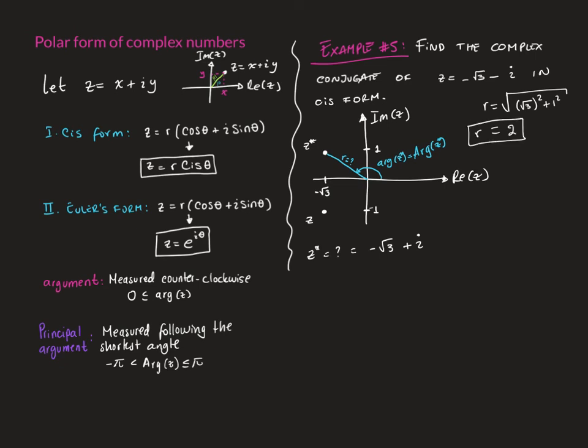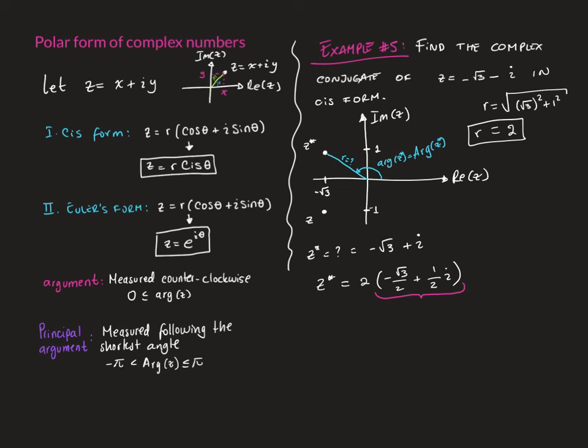Now for the argument, assuming we don't have a calculator, I can write the number z star as 2 common factor of minus root 3 over 2 plus 1 over 2 i. So with that in mind, the value that I have here should be the cis function of the angle. Now I need to figure out which value of the angle has a value of cosine equal to minus root 3 over 2 and a value of sine of 1/2.